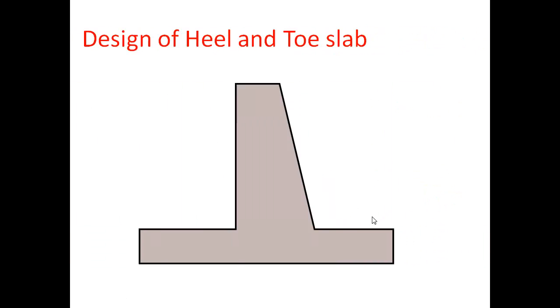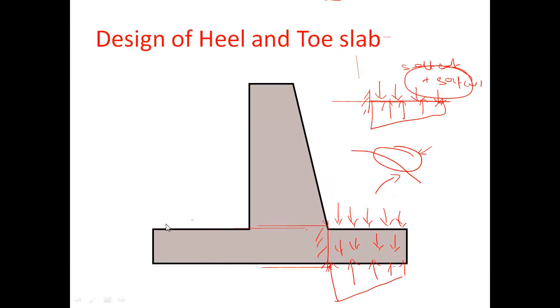Now we are going to the design of the toe. In the toe region, what are the forces acting? The soil over the toe will give a downward force. The self-weight of the concrete will give a downward force, and the upward soil pressure in this region will give an upward force.